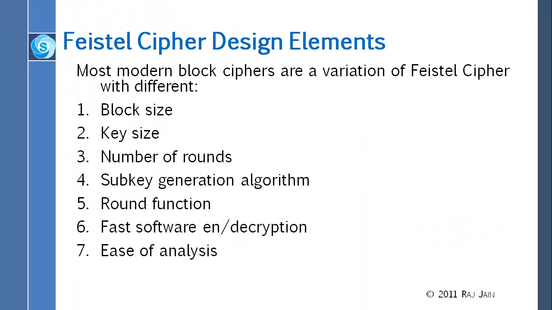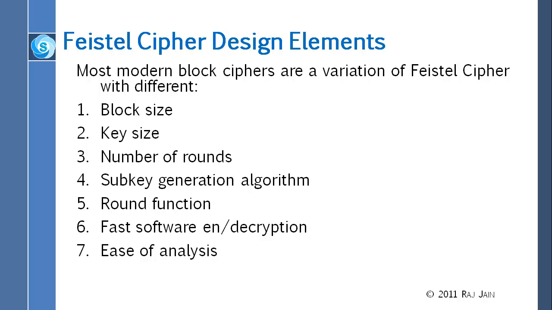All right. So now we are going to apply this to DES, and there are several variables in this structure that can be changed or selected to make it stronger or weaker. First is the block size.